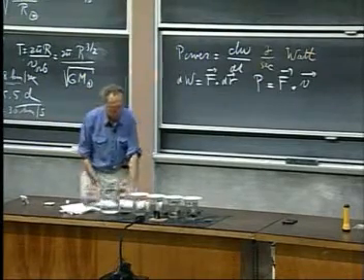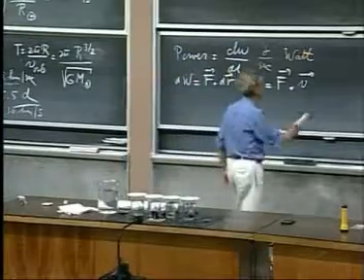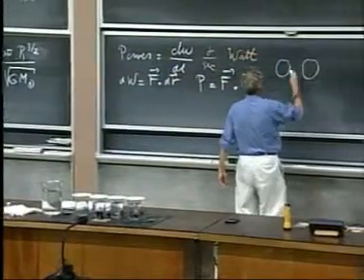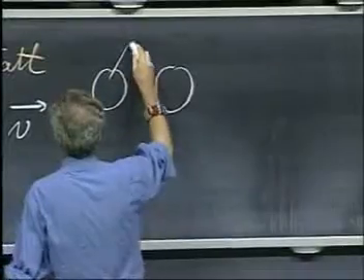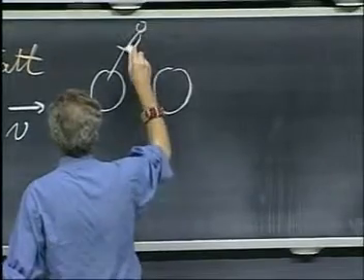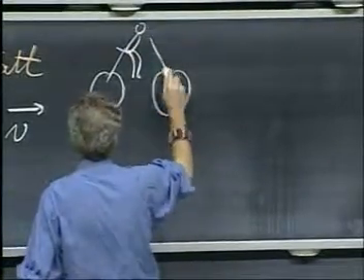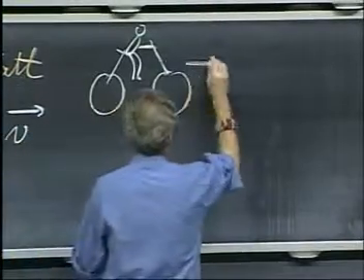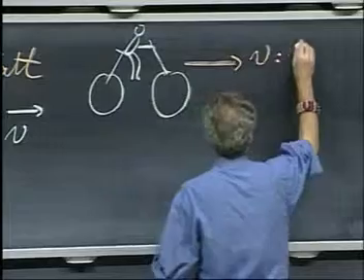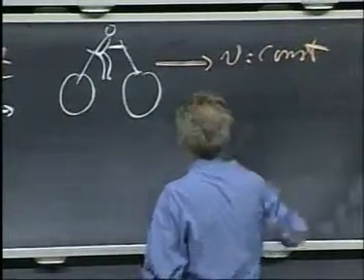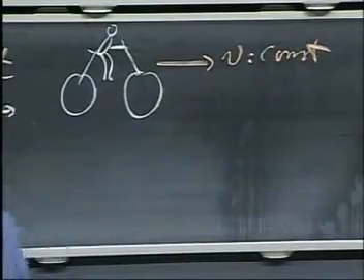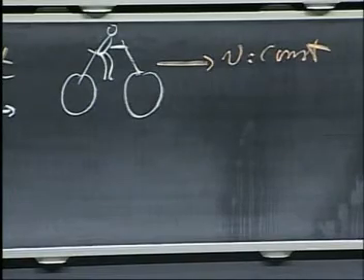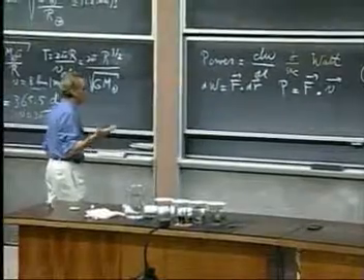Let's take an example. I am on a bicycle. Here's my bicycle, and I'm sitting on it, and I'm trying to get going. I have a certain velocity, and I keep that velocity constant. That's the way most people would ride their bikes. Now, there is air drag, which is unavoidable.